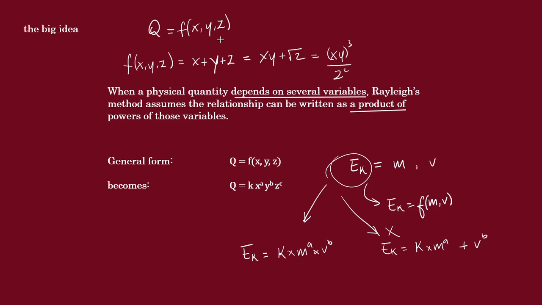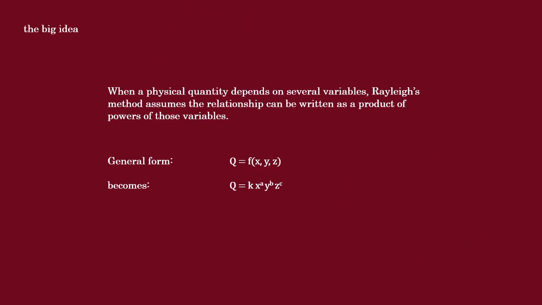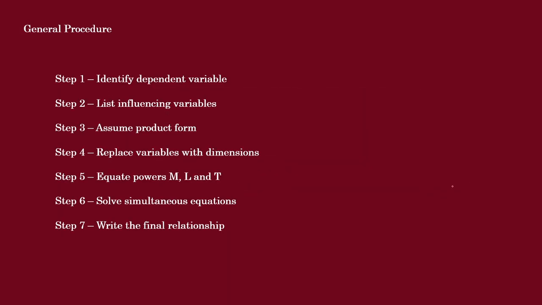So the function term here really doesn't tell us much in and of itself, but once we work with Rayleigh's method, then we know that we have a single product term with a constant, and each and every one of these are multiplied together. Once we get to solving questions, we'll see how this can be applied.